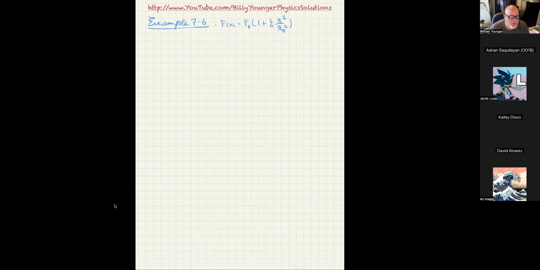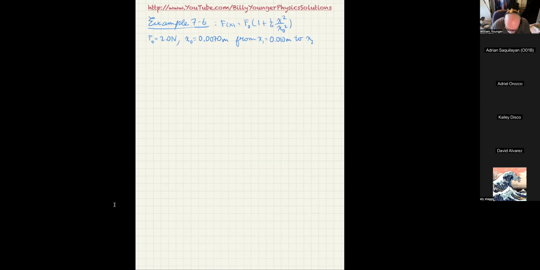It says where f0 is equal to 2.0 newtons, x0 is equal to 0.0070 meters, and x is the position of the end of the arm. If the arm moves from x1 equals 0.010 meters to x2 equals 0.050 meters, then how much work is done?